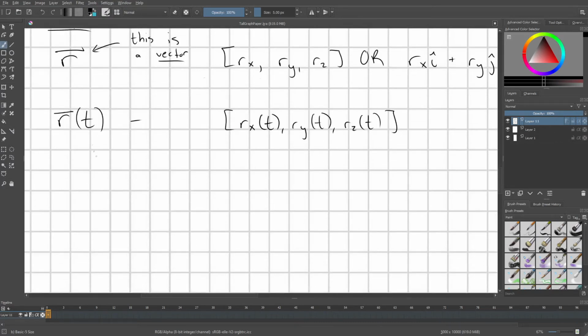We could take the derivative of r with respect to time, and this would apply a derivative to each of the components of my vector.